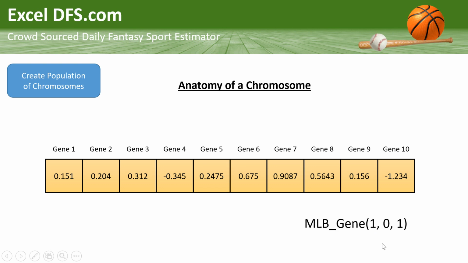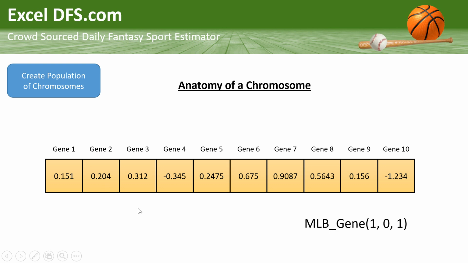And when this gene is used in the code, if it hasn't been initialized, it will be given a value between this lower number here, 0, and this upper number, 1. So, as you notice here, it's 0.151. Gene 2, to generate gene 2, that would be a 2. Once again, that's between the low of 0 and the high value of 1, 0.204.